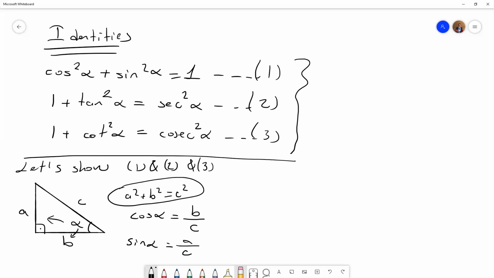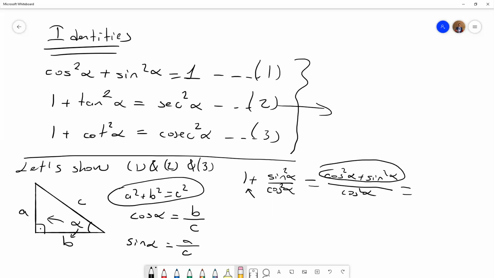And for the second identity, we have 1 plus tangent square, where tangent is equal to sine over cosine. So this is square, and when we equalize the denominators, it equals cosine square alpha plus sine square alpha over cosine square alpha.